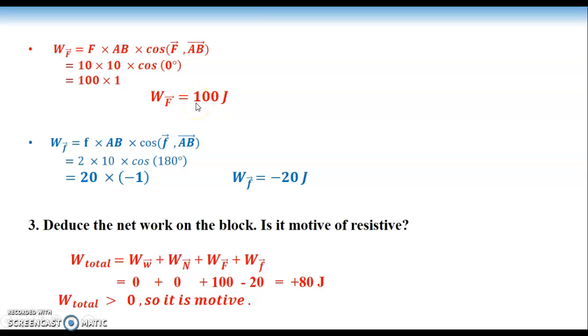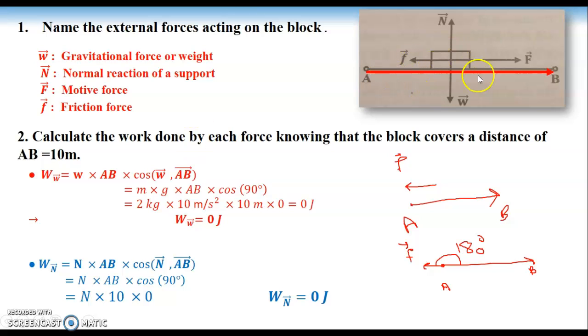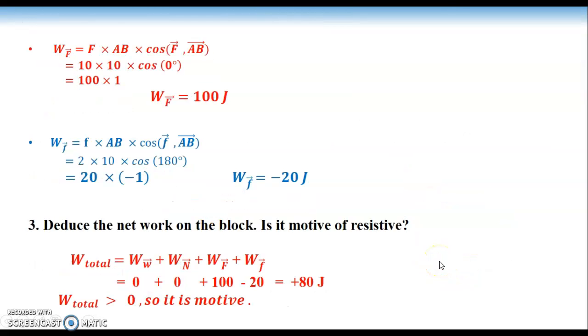Now what about the friction force finally? It's equal to the magnitude times the AB distance times cosine the angle between them. So let's check the angle between the friction force and the displacement vector. I just redrew it on the blank part. F is to the left, AB is to the right. So if we represent them starting from the same origin, we can find that the angle between them is 180 degrees.